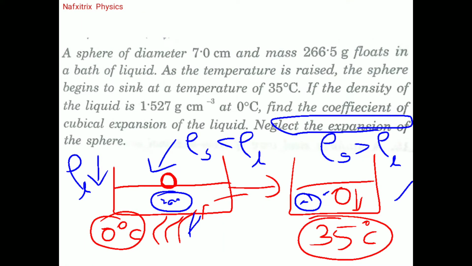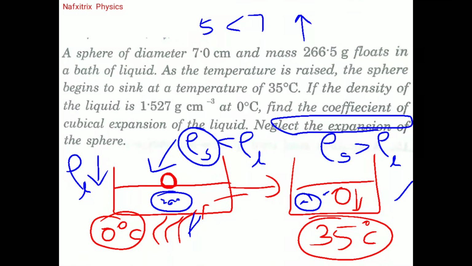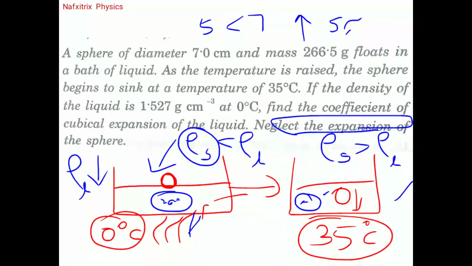Initially the density of the sphere is less than the density of the liquid. Let us suppose the density of the sphere is 5, simply for example, and the density of the liquid is 7. On heating, the value decreases gradually: 7 to 6.5, 6.3, 6.2, 6.1, like that, and it becomes nearly equal to 5.